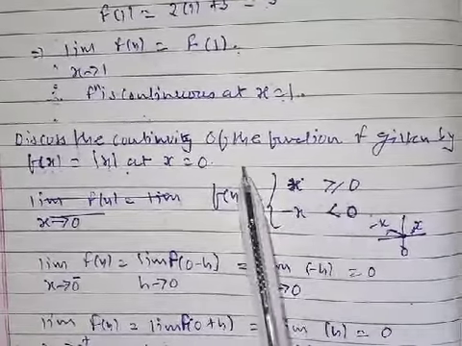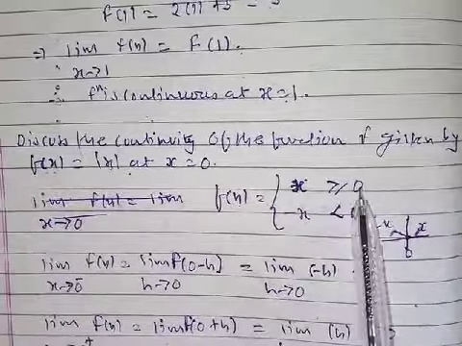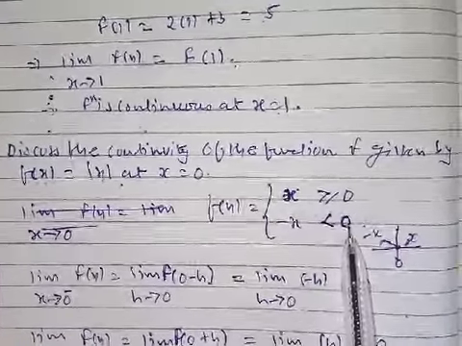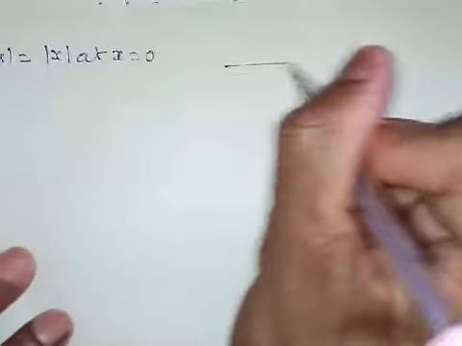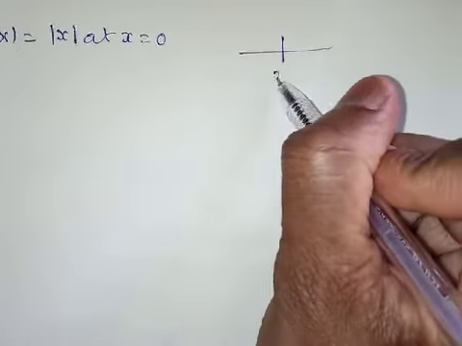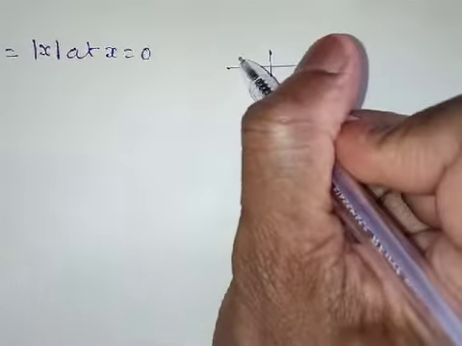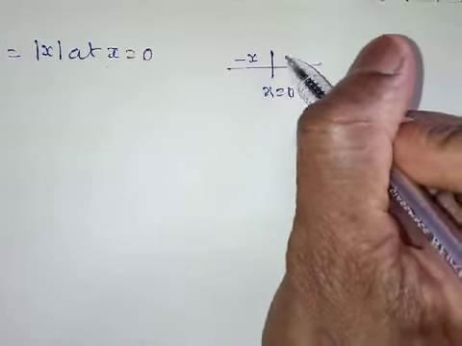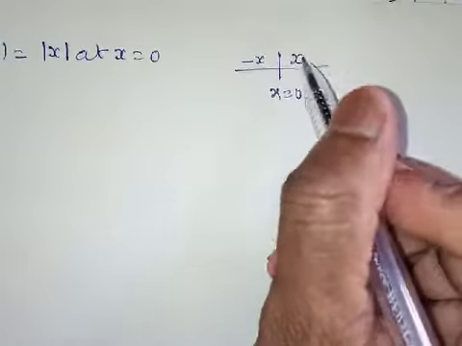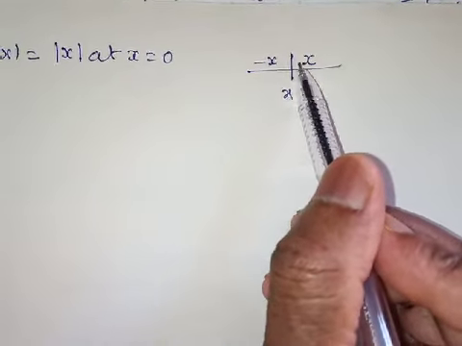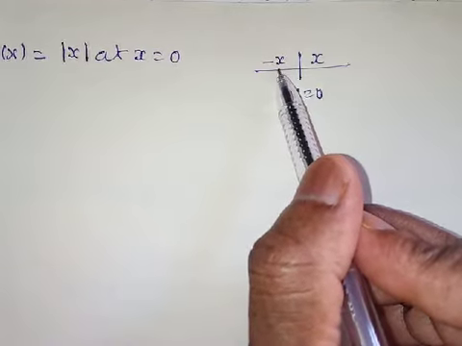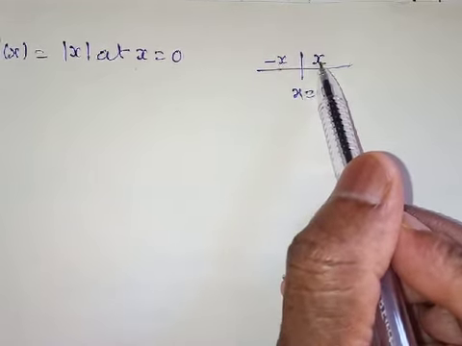So where are we checking the continuity? We are checking the continuity at x is equal to 0. See here, the left hand side is minus x and the right hand side is plus x. So we have a right and a left hand side, and therefore instead of the first definition, we'll apply the second definition.